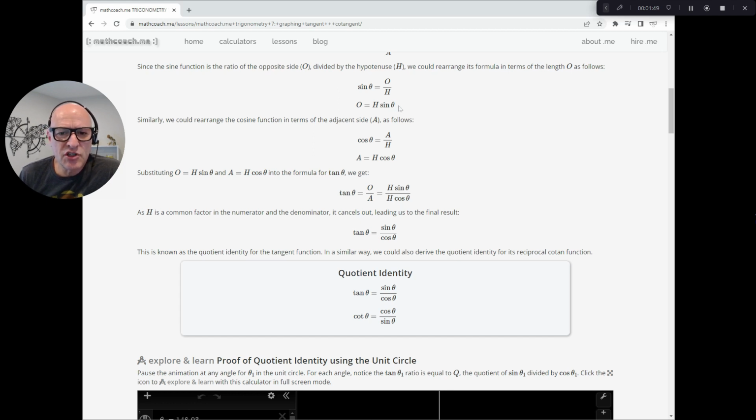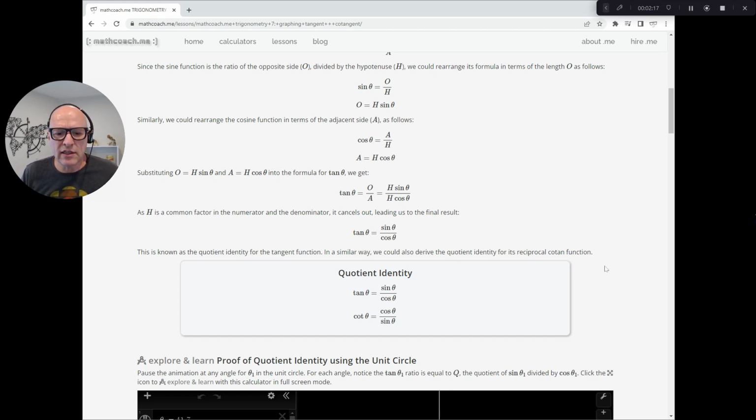Opposite is H times sine theta, and adjacent, A, is equal to H times cos theta. And then, of course, I can cancel. H over H is 1, so I can just remove that, and I get the quotient identity. Tan of theta is equal to sine of theta over cos of theta, and its reciprocal version, cotan of theta, is equal to cosine of theta over sine of theta.